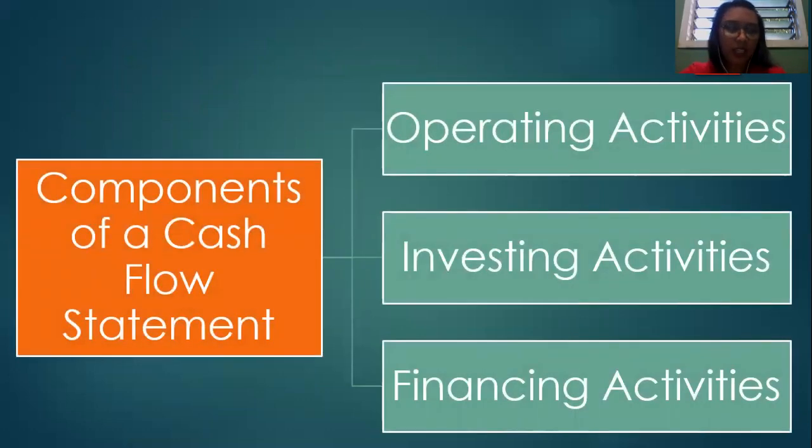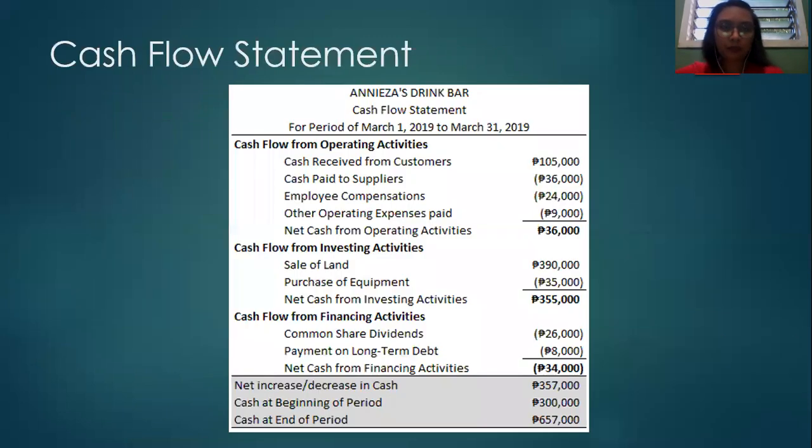Now we have here the three components of a cash flow statement: the operating activities, the investing activities, and the financing activities. Let's try to tackle each. Here is an example of a cash flow statement.